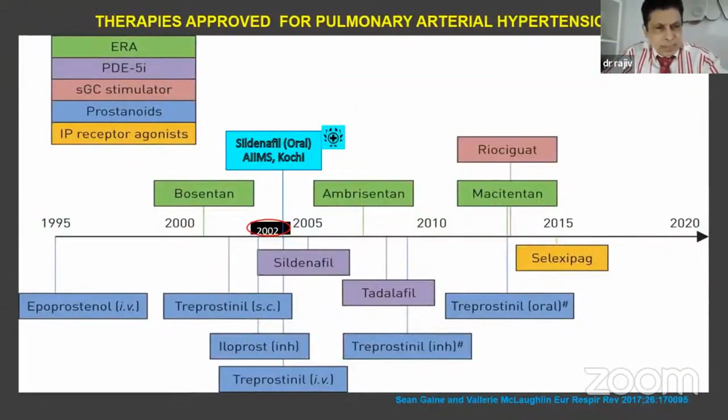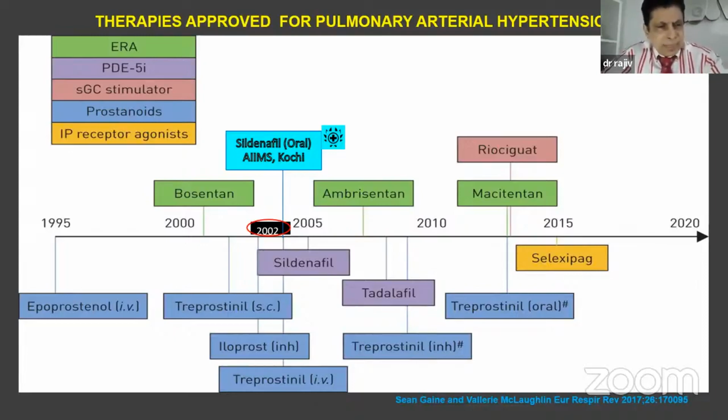So this is a historical walk through almost 20 years. You can see the endothelin receptor antagonist bosentan in 2000. My work with sildenafil in Amrita was 2002. At that point in time, I did not know the entire spectrum of sildenafil. But the more I read about this molecule over the last 20 years, it becomes more and more interesting as the days go by. The green one is all endothelin receptor antagonists.